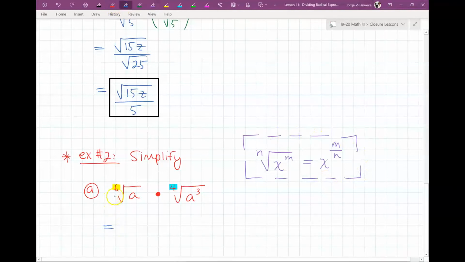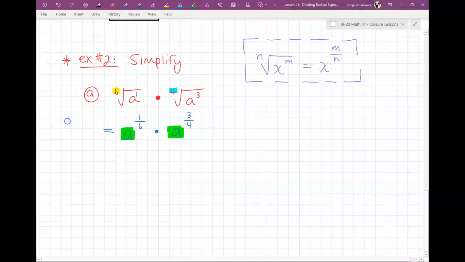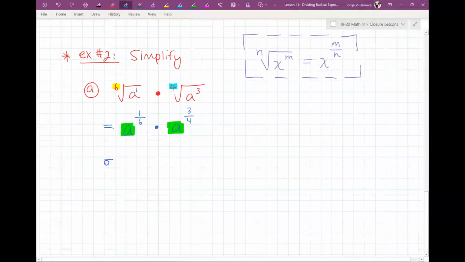So a to the, this is a first power, so it's going to be a to the 1/6 times a to the 3/4. Now notice these do have the same base, okay? Their base is identical here. They're both a's, so that means I can just add the powers. So this will be a to the 1/6 plus 3/4.